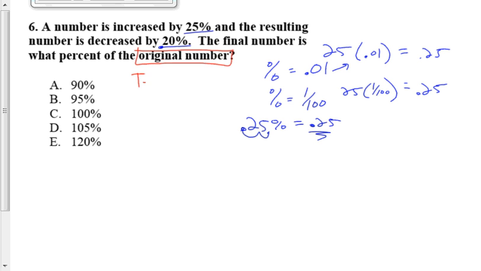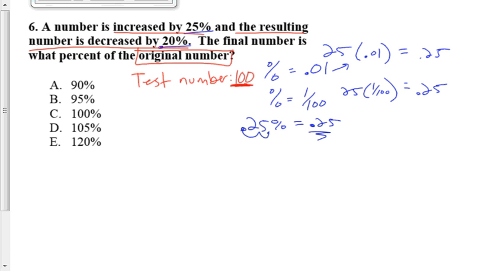So I'm just going to use a little test number of 100. I'm going to take this 100 and increase it by 25%. Then I'm going to take the resulting number and decrease it by 20%. Then, once I have those two numbers, I have my original number of 100 and my new number that we'll figure out. Then I can find what percent the new number is of the original number.